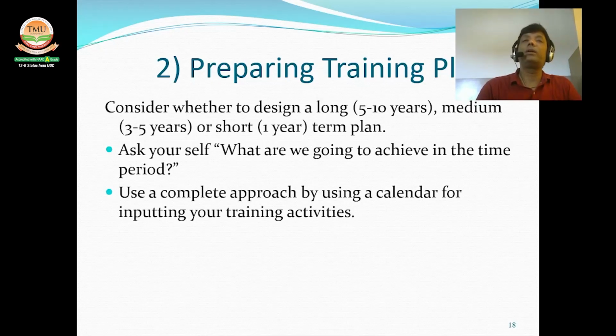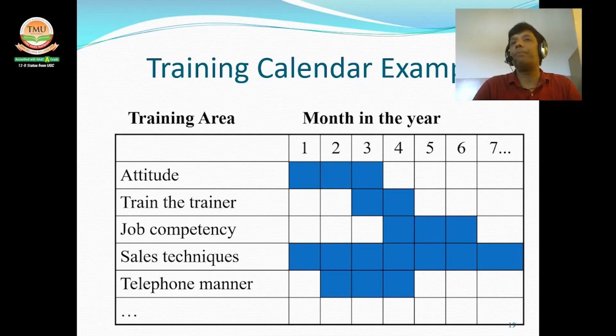I have brought an example also, that in this manner you can prepare a training calendar. These are the training areas and the months in the year in which we will conduct the training for these particular areas, like attitude, train the trainer, job competency, sales techniques, telephone manner. I have taken just a few areas; we have many areas to train our employees in.